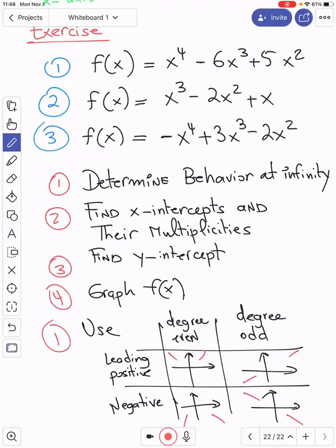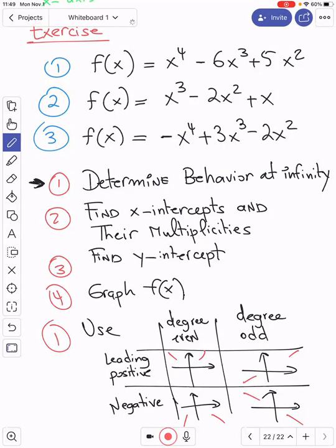So I think for graphing polynomials, guys, the main new thing here is the first step, where you have to determine the behavior at infinity. Once we have the behavior at infinity and the x-intercepts, then you can graph your function f. But you will see in the next section, when we graph rational functions, it's more tricky.